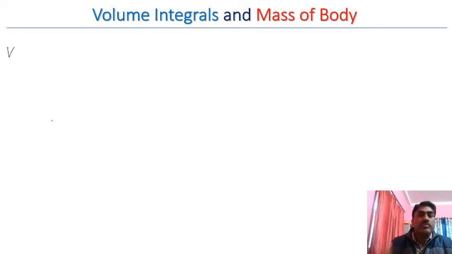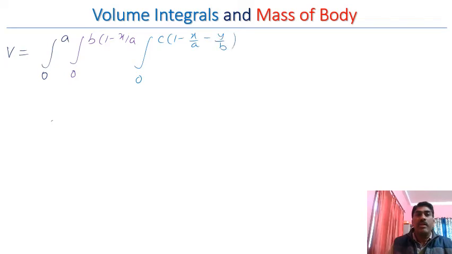So V is equal to the integral with x varying from 0 to a, y varying from 0 to b times 1 minus x by a, and z varying from 0 to c times 1 minus x by a minus y by b, of dx dy dz. Very first we will integrate the z integral. It has two variables, x and y.